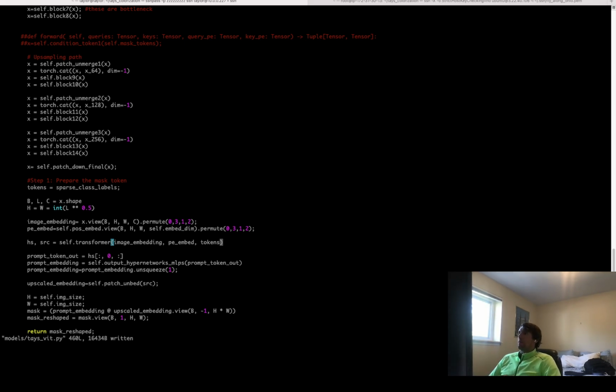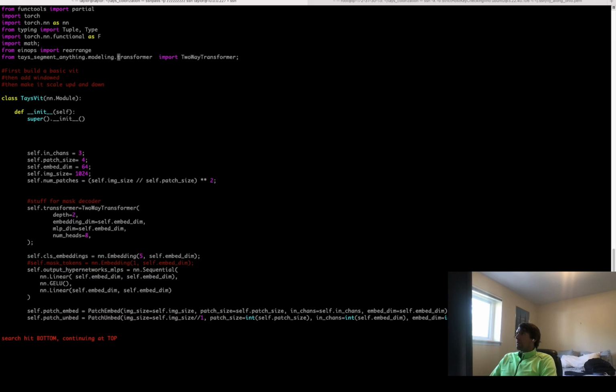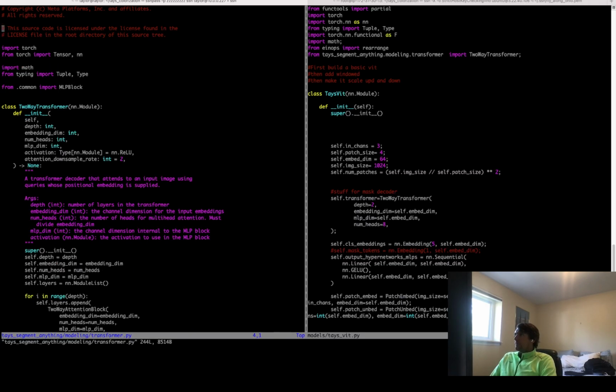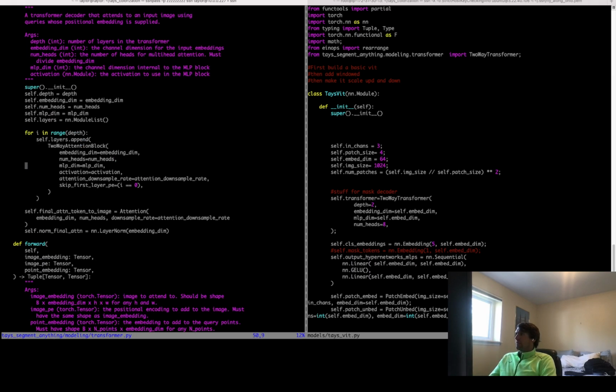Or do I need to simplify it? Because I might want to. Let's look at it. Most confusing transformers I've ever seen. But I've only seen like 5, so.